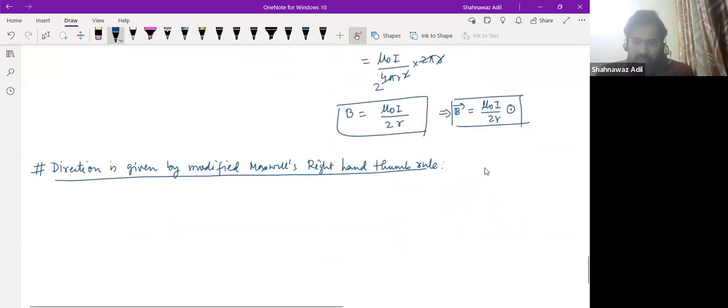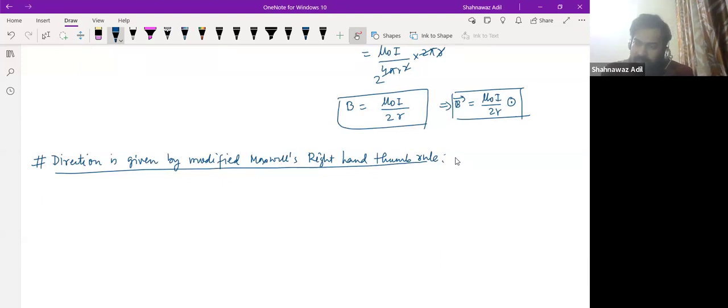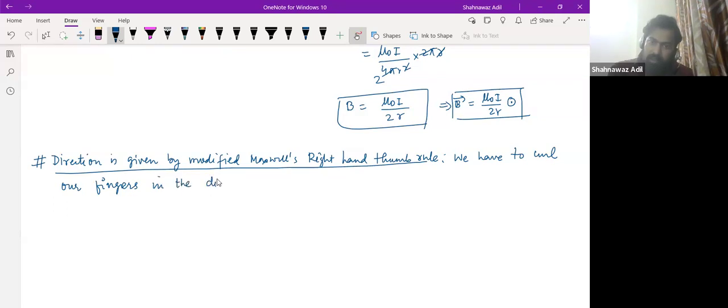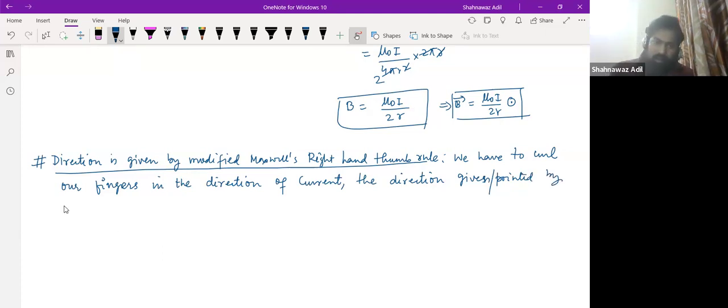This is one thing. So let me write this rule here. We have to curl our fingers in the direction of the current, and the direction pointed by the thumb is the magnetic field.